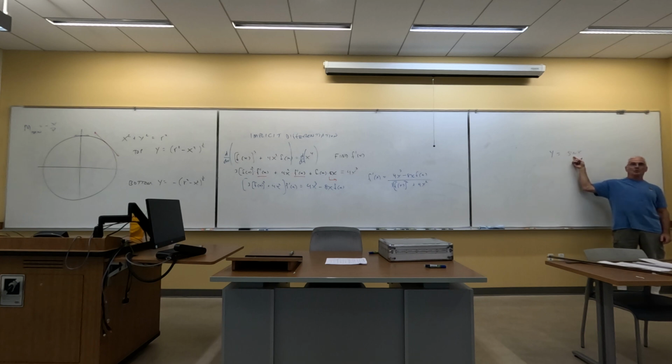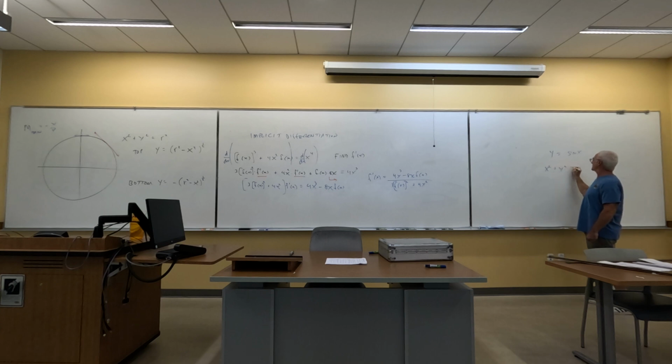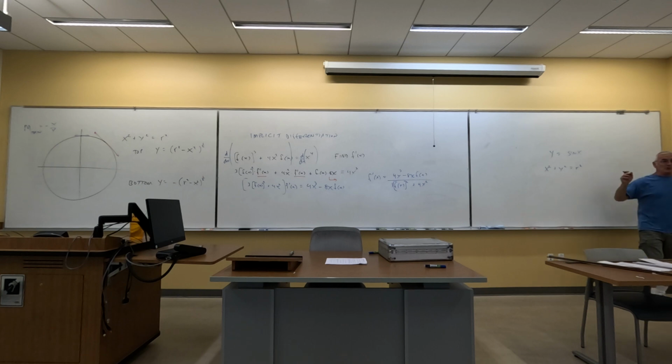There's no ambiguity here whatsoever. But when I wrote x squared plus y squared equals r squared, you can't isolate the y. So I'm treating y as a function of x because I want to write slopes of tangent lines, but I cannot explicitly solve for the y. So it is implicitly defined as a function of x.